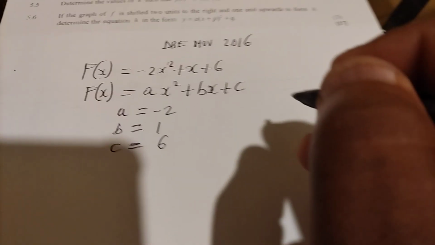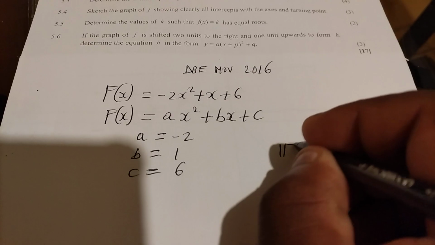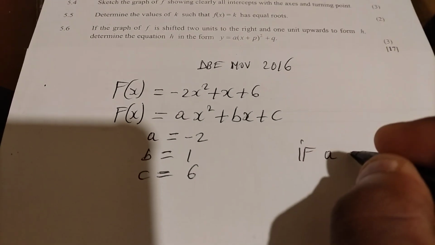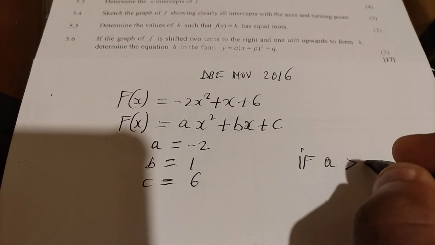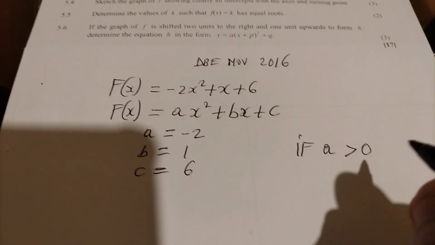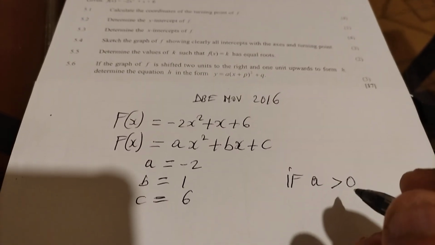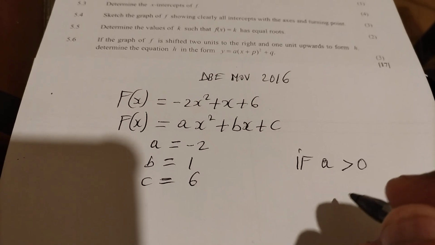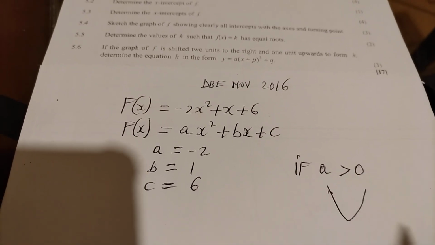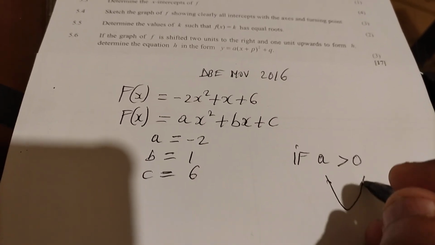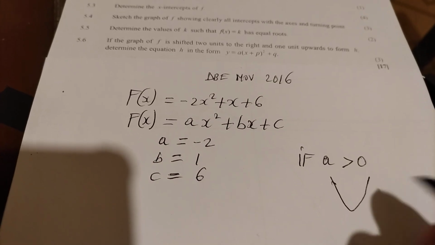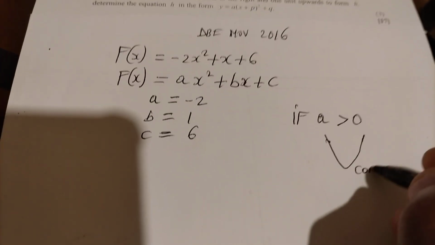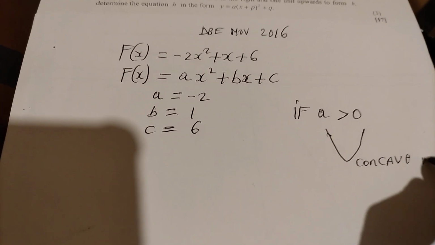Now let me remind you that in a parabolic function, if a is greater than 0, it means a is positive. We are likely to get a minimum, a graph like that. We call this concave up.